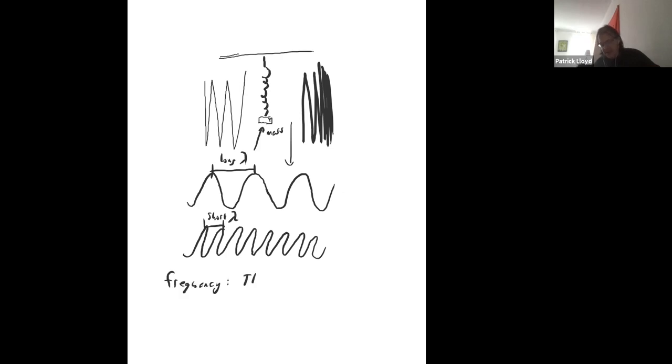It's the number of cycles of the vibration per unit time. Typically, the unit time is seconds. So I'm going to write it this way. The number of cycles per second. Okay? So in the old days, we would call that CPS, cycles per second.